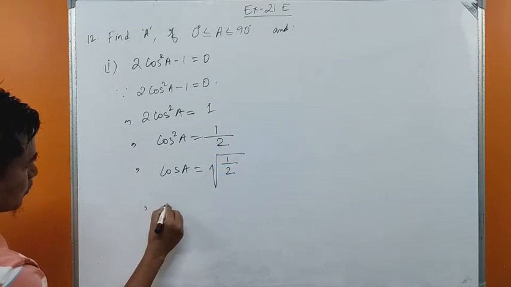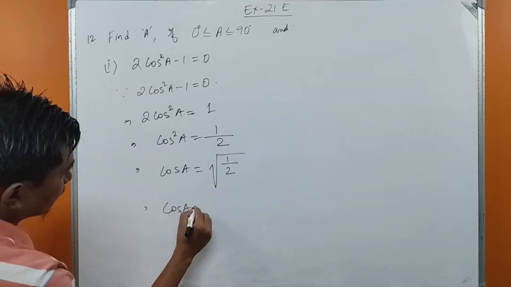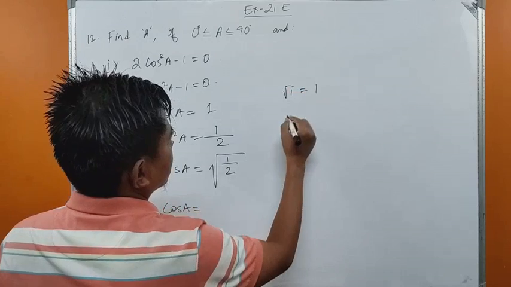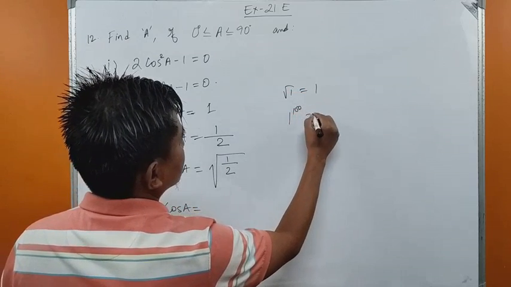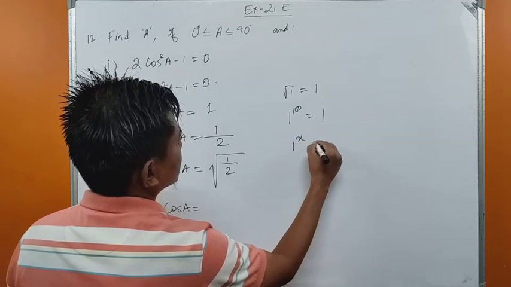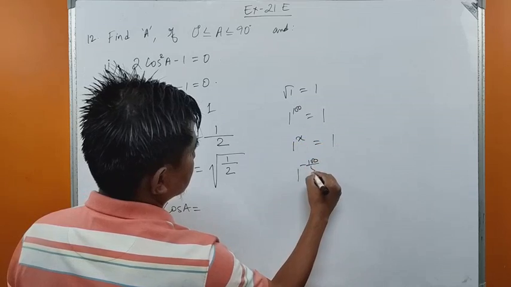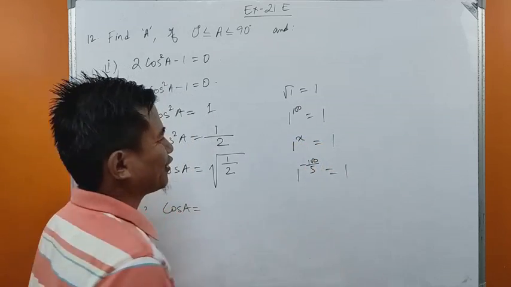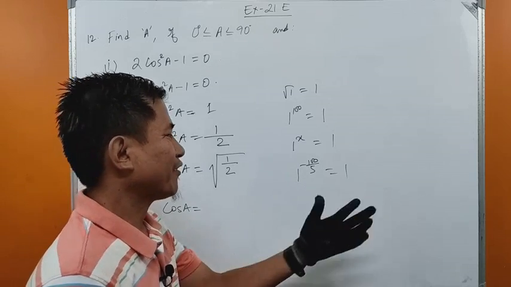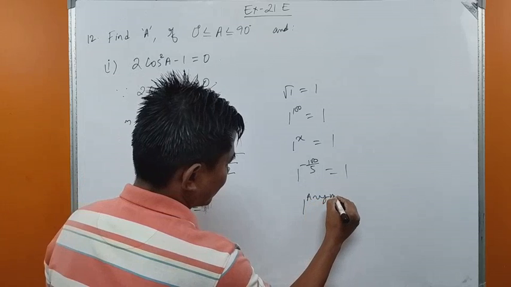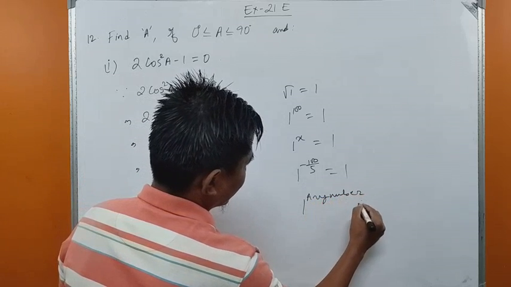Okay, so root under 1 means 1. 1 to the power 100 means 1, 1 to the power x means 1. What I mean by this is 1 to the power any number is 1.